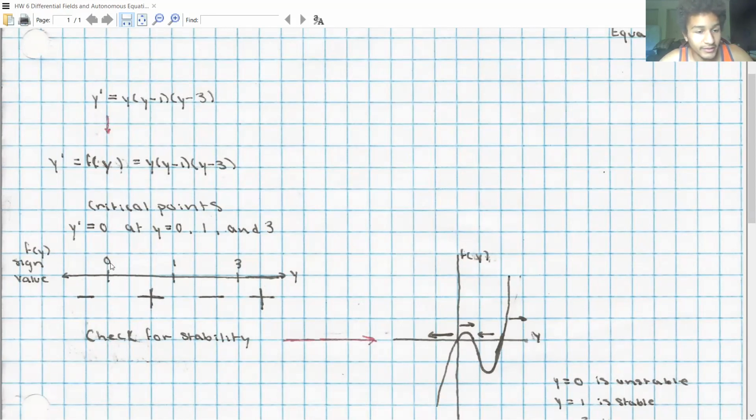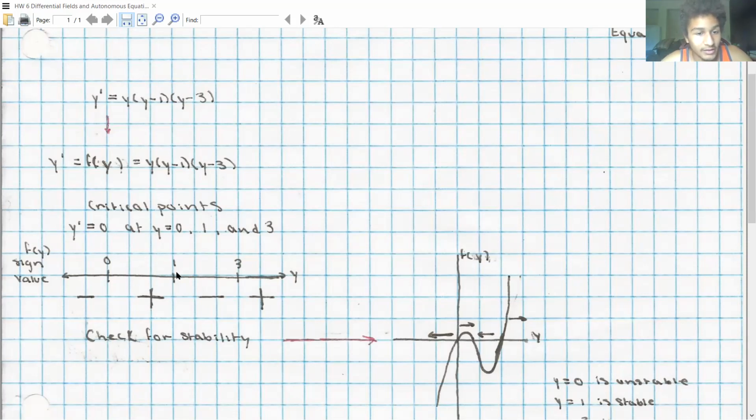Then on the interval of 0 to 1 for y, we can plug in 0.5, and we'll have 0.5, -0.5, and -2.5. So we'll have a plus, negative, and a negative. This will make a positive value for y prime, so on the interval of 0 to 1 for y, we will have an increasing slope.